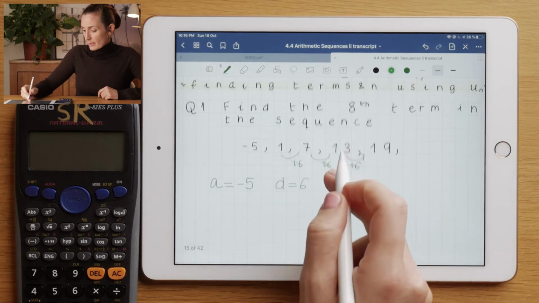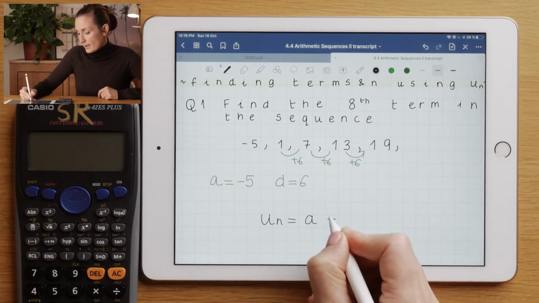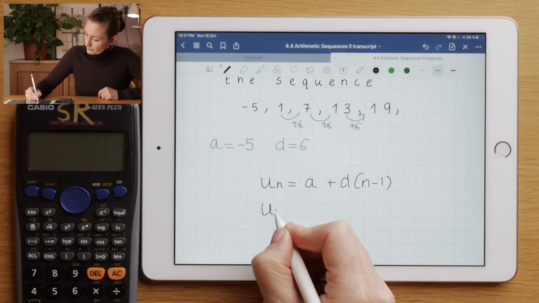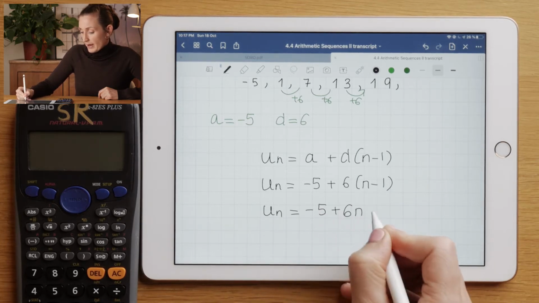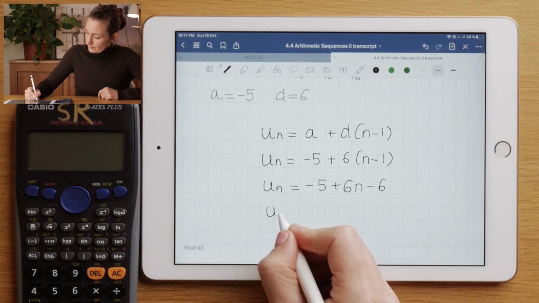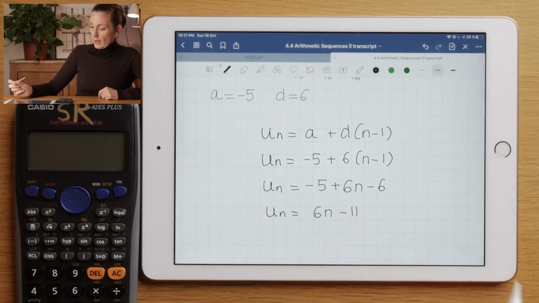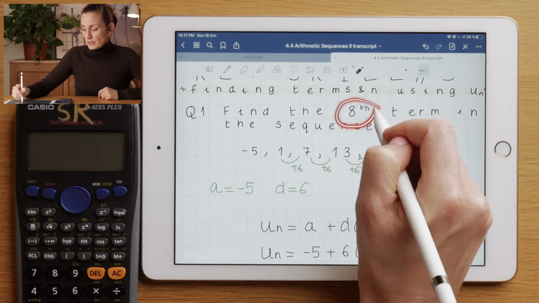Okay, so you start by writing down Un, which is a plus d(n minus 1). Simplify your expression by multiplying out the brackets. Okay, and then once you've got that, substitute in your term number.